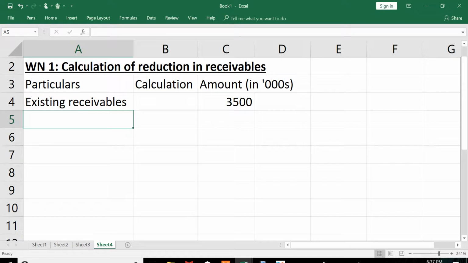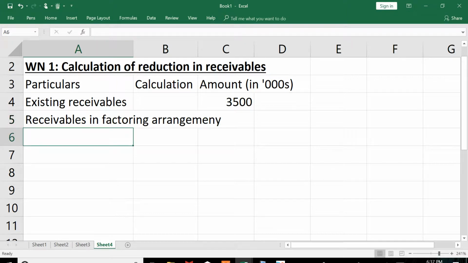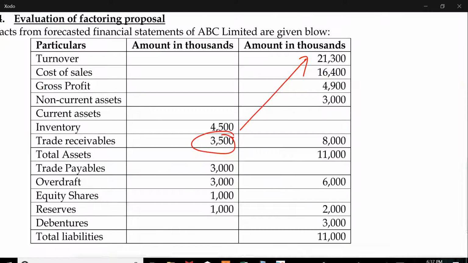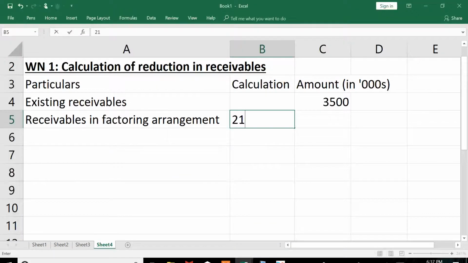Then receivables in factoring arrangement. This number is going to be 21,300, and he is saying he will bring it down to how many days? Into 35 divided by 365.